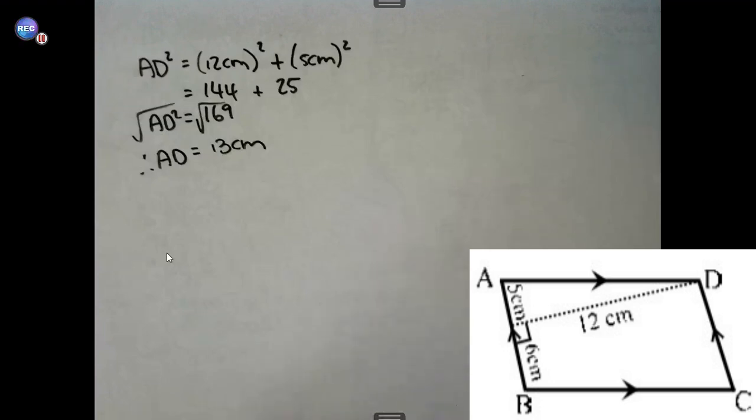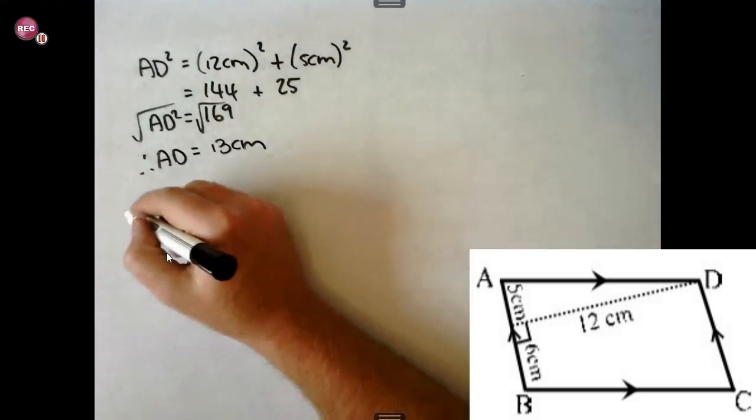What you also need to keep in mind now is that side AD and side BC are equal to one another in length, due to the fact that a parallelogram has 2 pairs of opposite sides that are equal in length. So AD and BC are equal, and then AB and CD are also equal. The way that you can calculate the perimeter of the parallelogram is as follows.